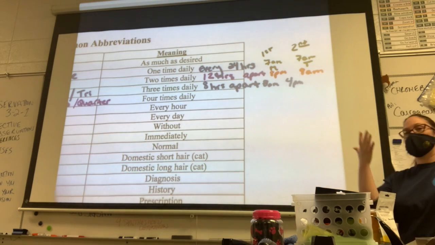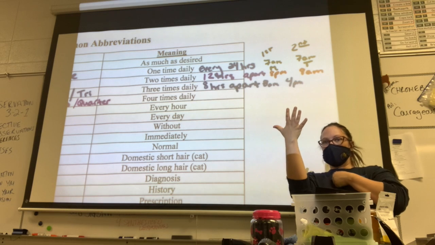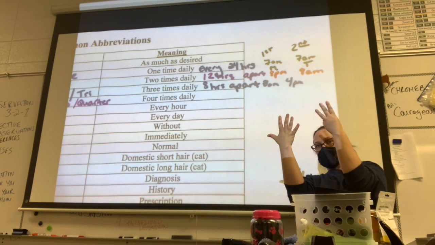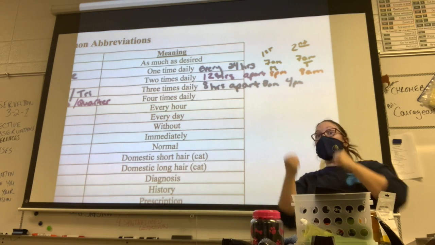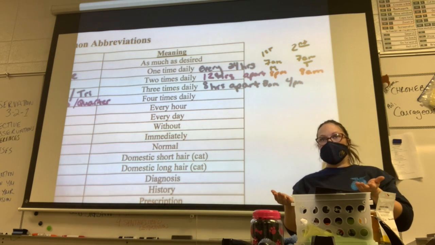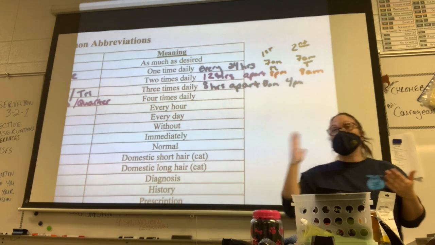Okay, now when's my third dose? 5, 6, 7, 8, 9, 10, 11, 12. So it'd be at midnight would be my third dose. And then it should start all up again, right? 1, 2, 3, 4, 5, 6, 7, 8. Then it'd be 8 in the morning.